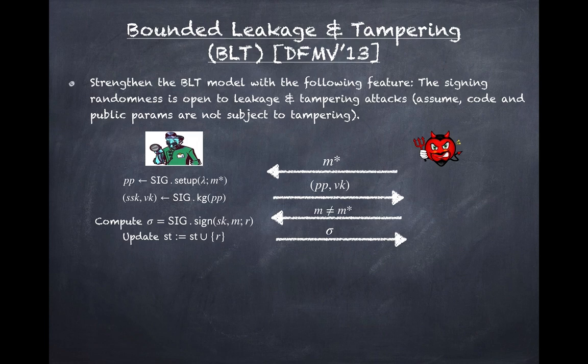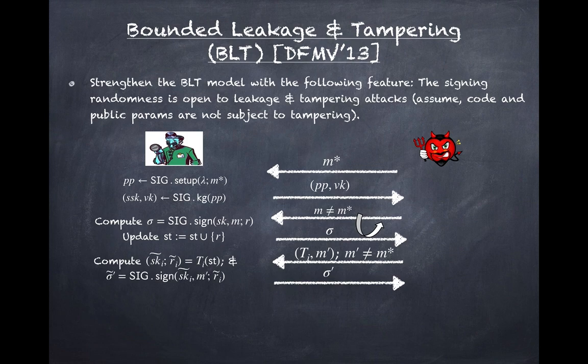Then, as usual, the adversary can ask different messages to the signing oracle and get signatures corresponding to them, and the state of the challenger is updated by augmenting the random coins that are used for signing each message. And this stage can continue arbitrarily many times.